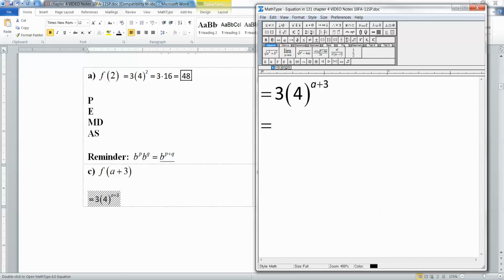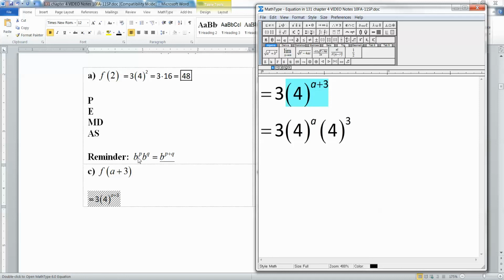Okay, so 3 times, now here's where it's going to get interesting. It's 4 to the A times 4 to the 3. Now, see, could you go backwards with this? 4 to the A times 4 to the 3 makes 4 to the A plus 3, right?